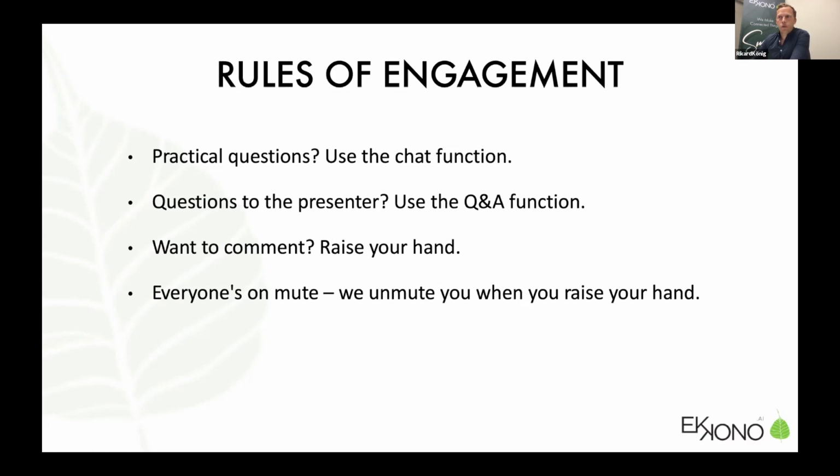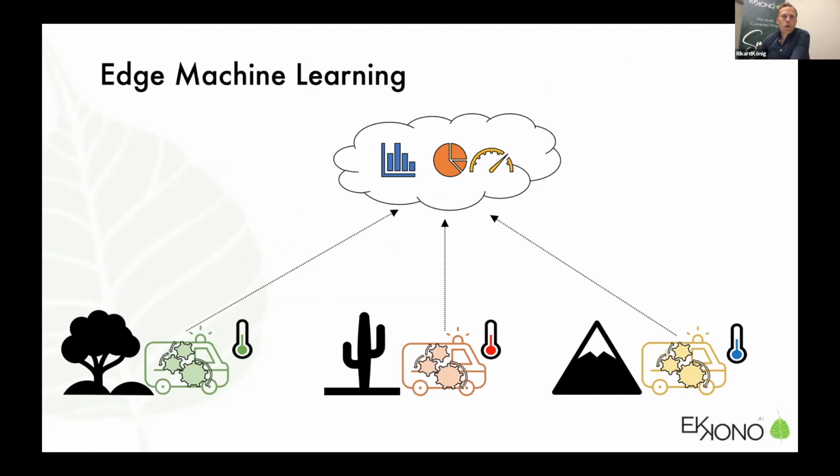Okay, so then let's start this tech edition about incremental learning and predicting your next move. So we at Ekkono do edge machine learning, and with edge machine learning, we mean learning on the edge, and that's not just inference, which is more or less common today if you speak about edge machine learning, but we do incremental learning on the device.